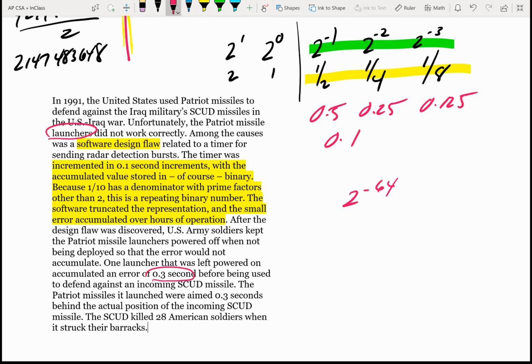But if you're working with a much smaller bit computer, like 16 bits, that's going to be larger than 2 raised to the minus 64. So I think the launcher was probably not a 64-bit device. It could have been 32-bit or 16. But anyway, that's important as well.